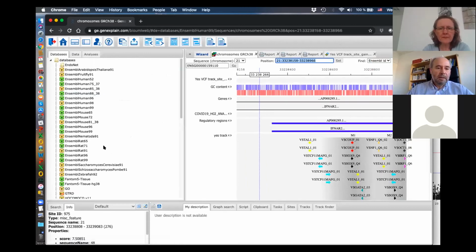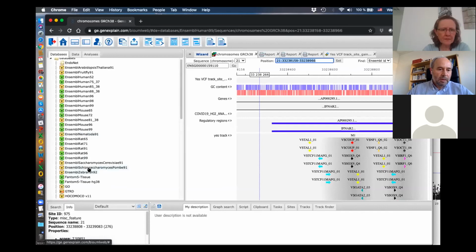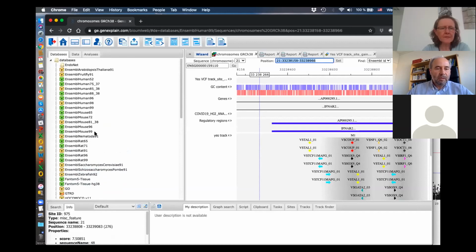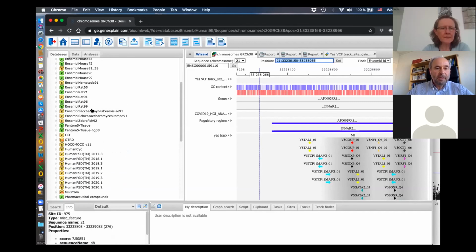We are talking about fruit fly, Drosophila, human, mouse, rat, nematode, Saccharomyces cerevisiae, zebrafish. So we have the genomes of these organisms so far.